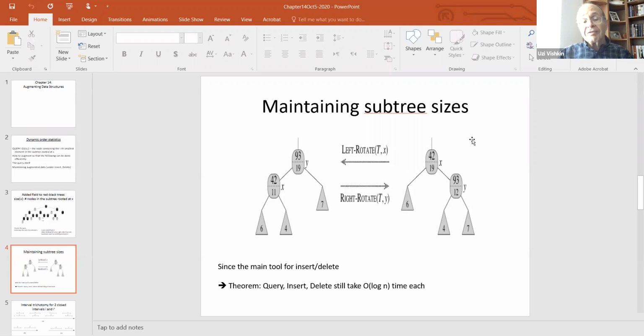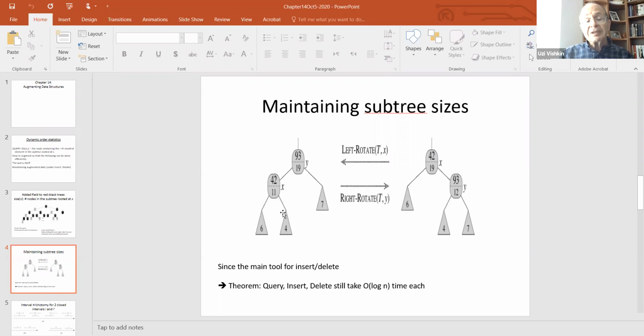Now, the key value, in order to figure out this 12, the only thing you really need to do is to look at the right child of X, the 4, because it will migrate from being a right child of X to being the left child of Y. So if you give me this 4, what will happen?